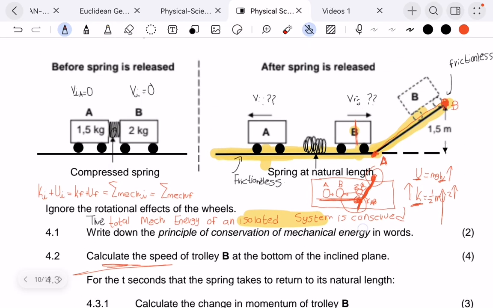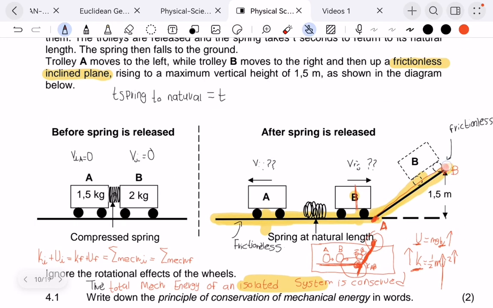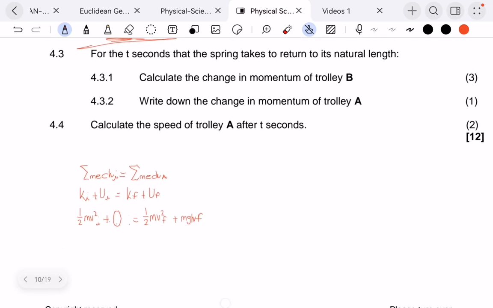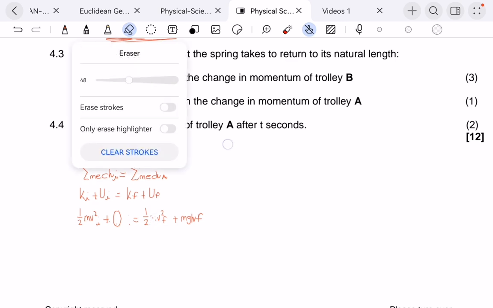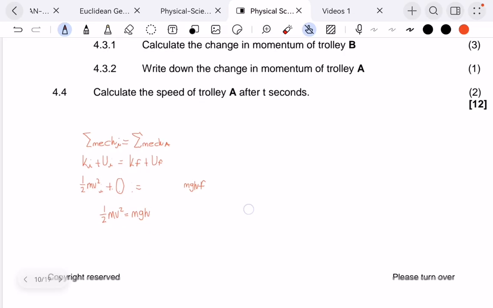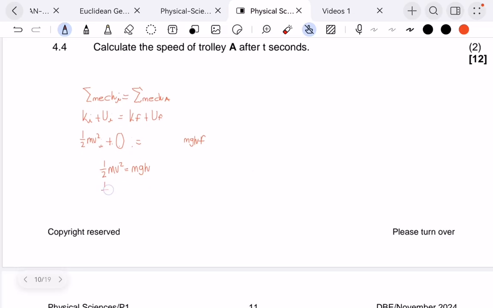And then we know that at point B, assuming that the trolley was at rest, the kinetic energy is going to be 0. So we're left with this formula: 1/2 mv squared is equal to mgh, right?